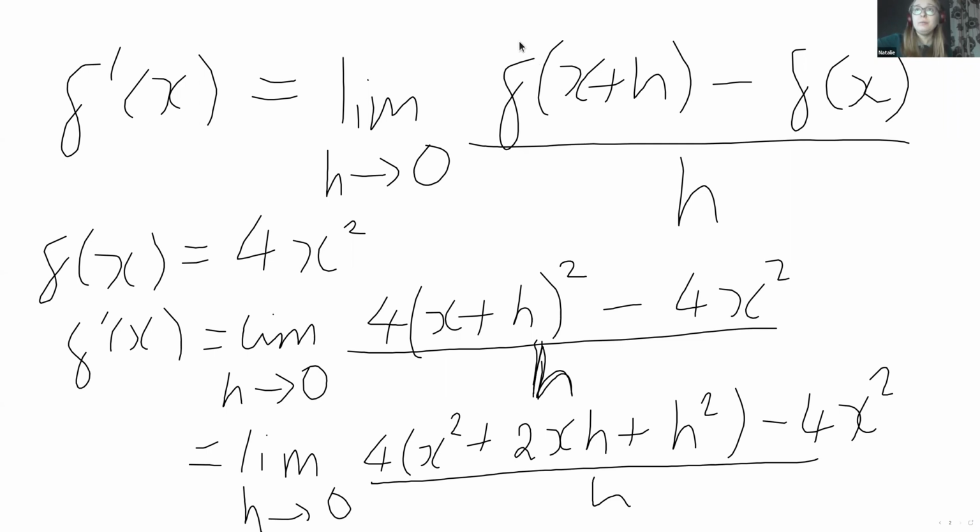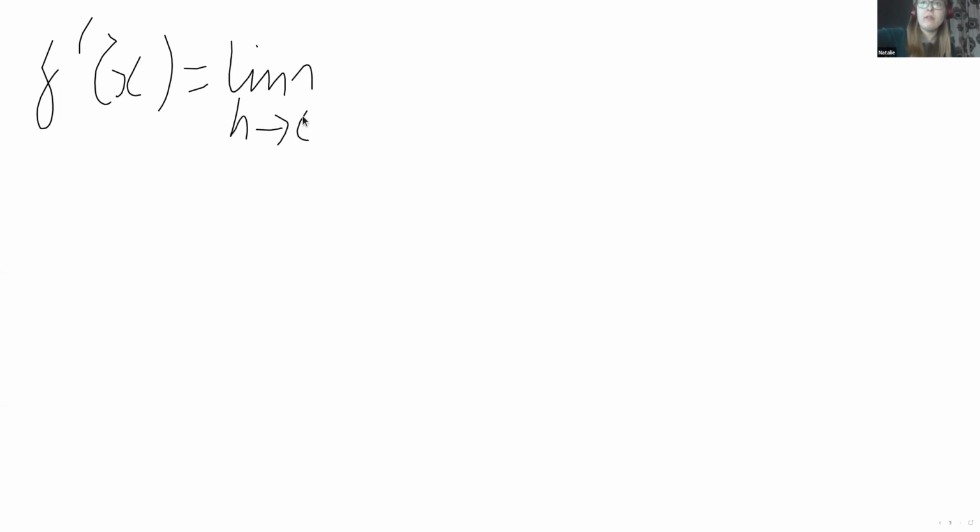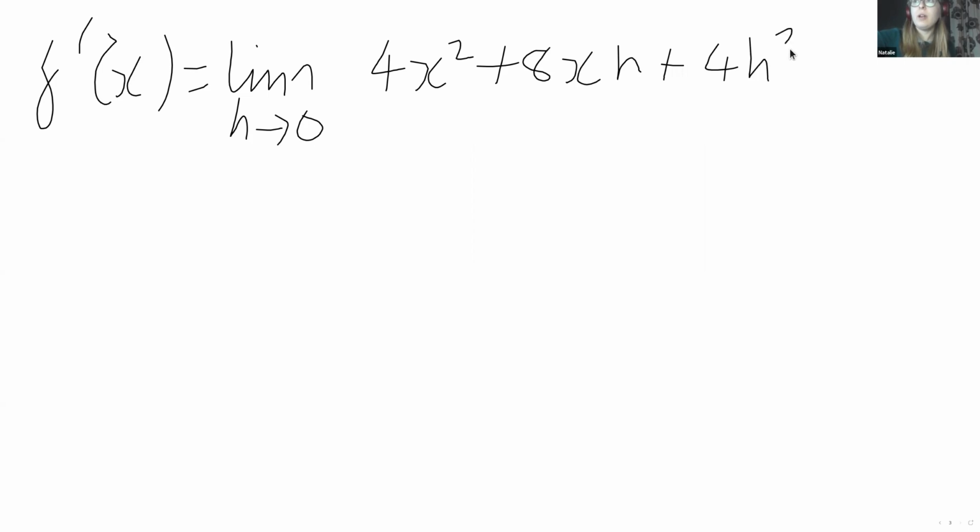Which I can then say f prime of x is the limit as h tends to 0 of 4x squared plus 8xh plus 4h squared minus 4x squared all over h.